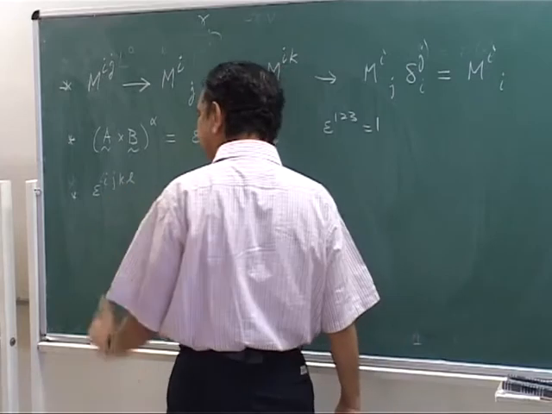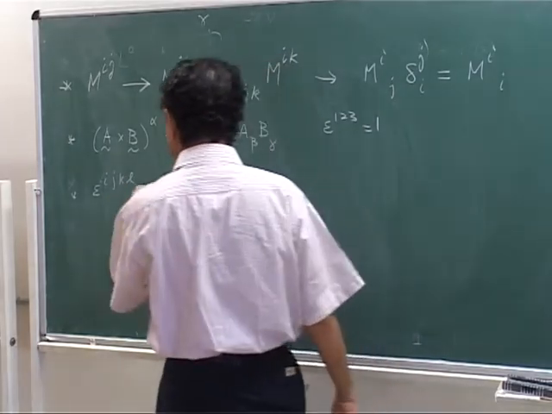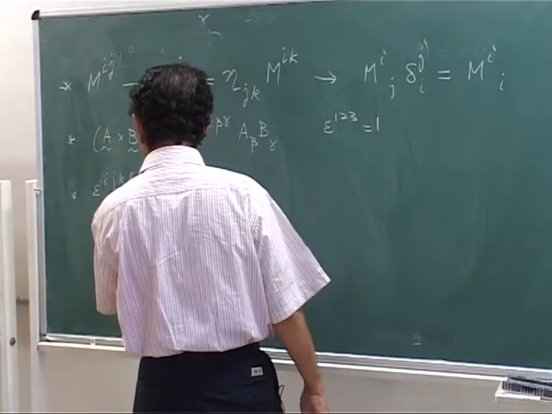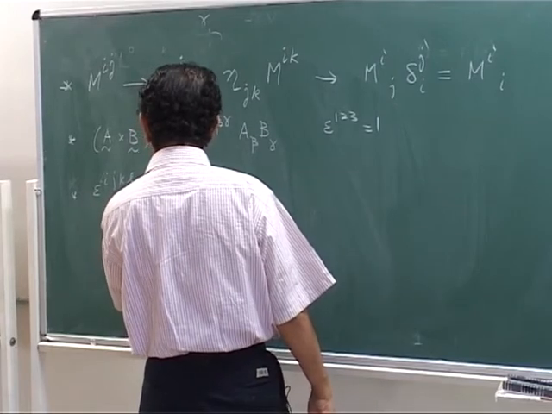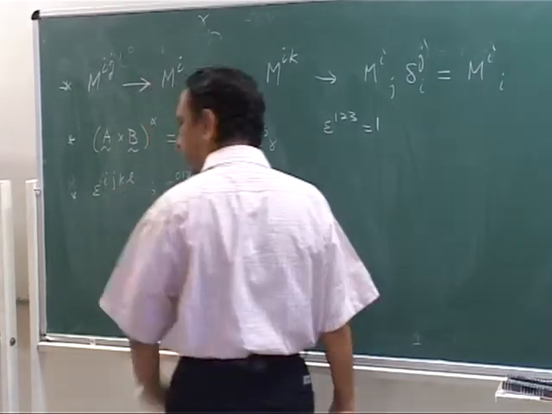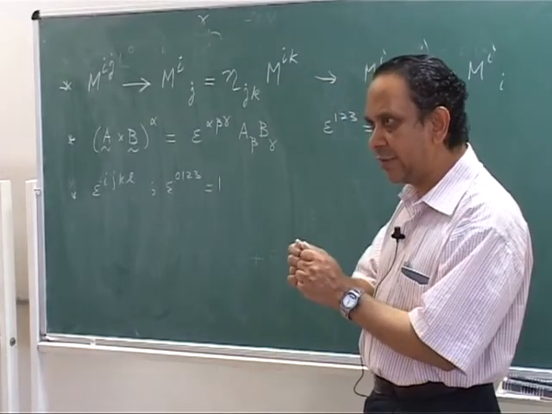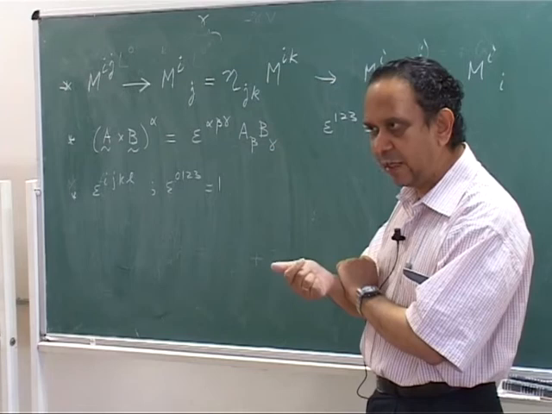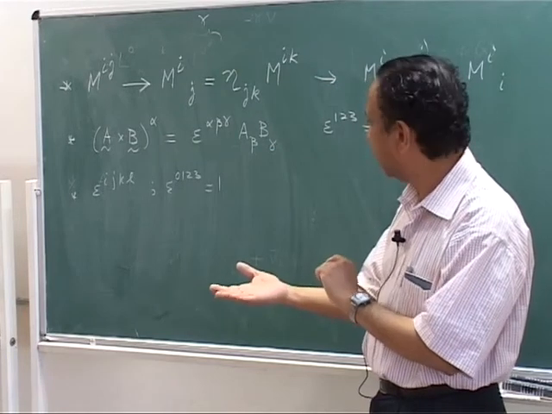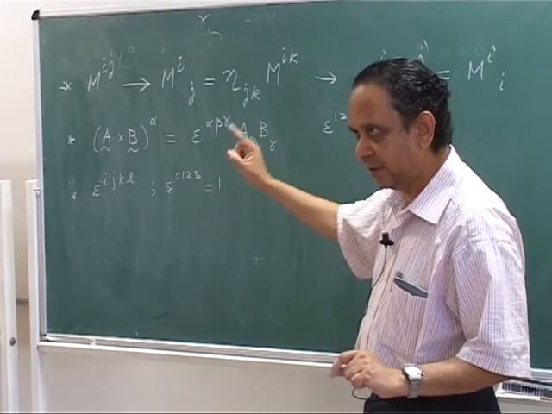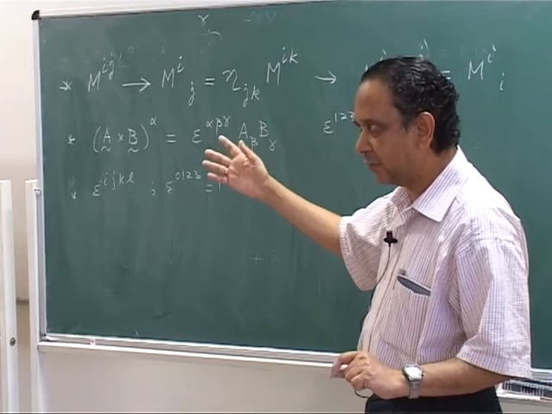Now, the definition is exactly the same. It is defined with epsilon_0123 equals 1, and all other properties are the same. It is completely antisymmetric in all pairs of indices. So, you flip any two indices, the sign changes, and this is the definition for one of the components.